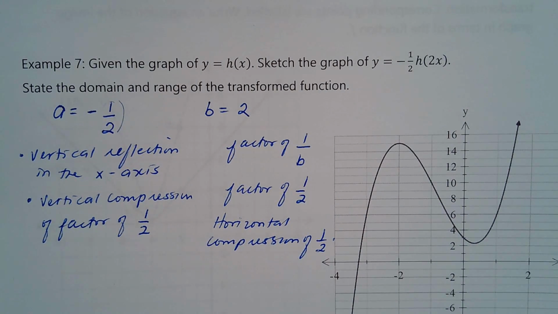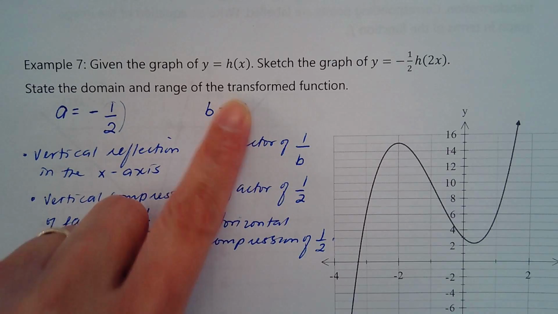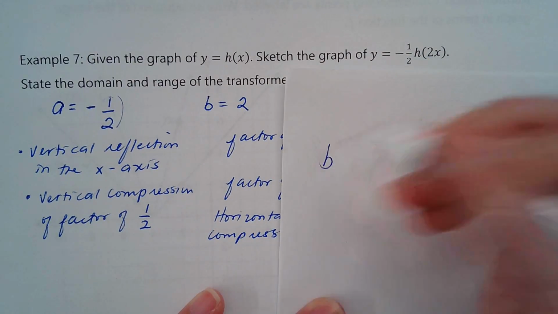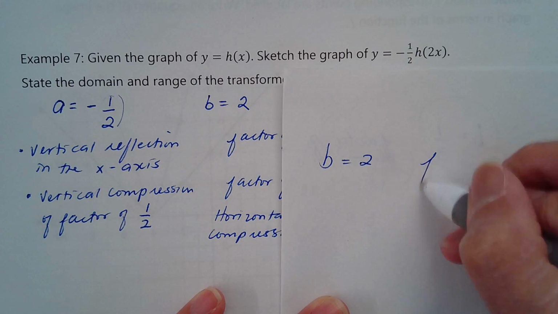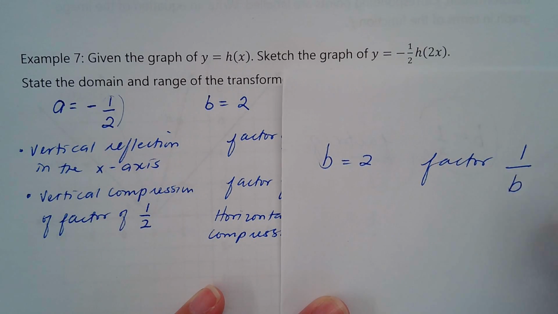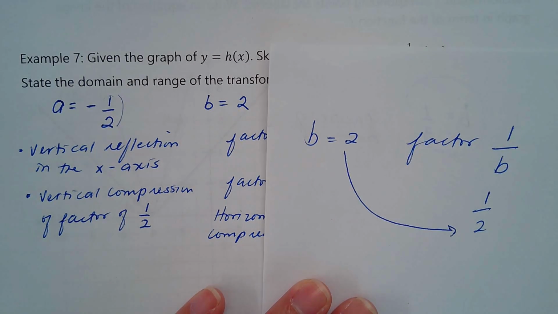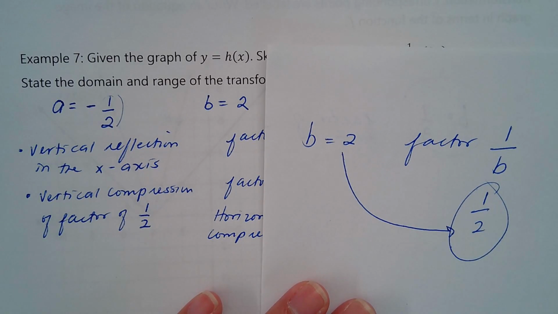So b is 2, but the factor is 1/b, which is 1/2. So we're multiplying by 1/2.